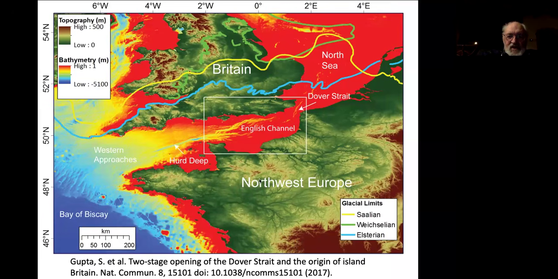So here is a map showing the topography that underlies the ocean water of the English Channel. That topography was top secret until about 15 years ago. The reason for that being top secret was that during the Cold War, the former Soviet Union had a massive number of submarines.